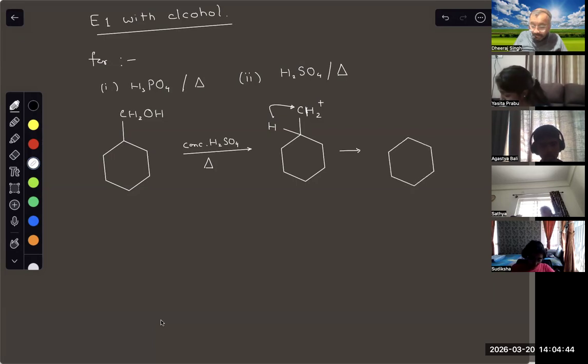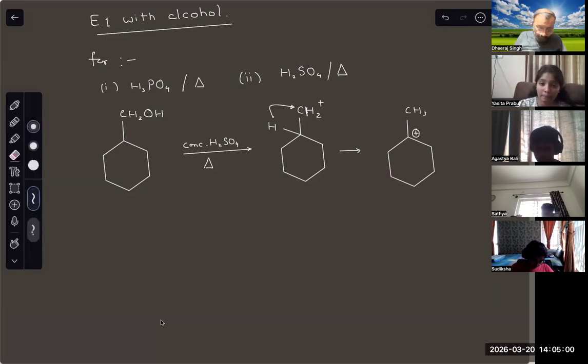Hydride is H minus, okay? H minus shifts there. This becomes CH3, and this is plus. A 3 degree carbocation. From 1 degree directly it is becoming 3 degree, so that will be favored. Now the adjacent carbon hydrogen can be from here and can be from there.